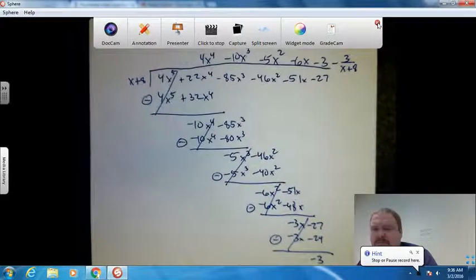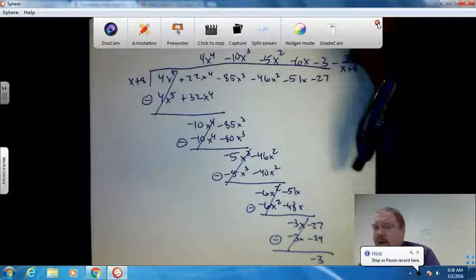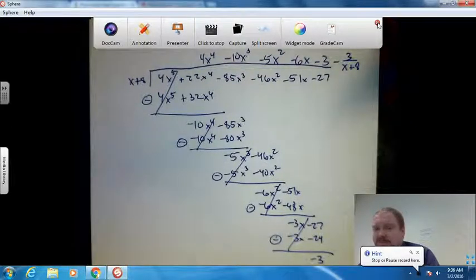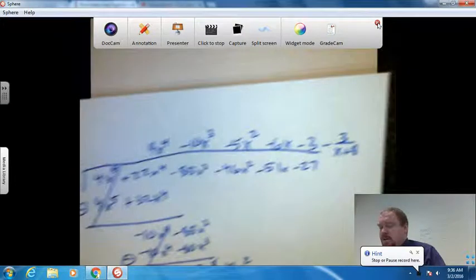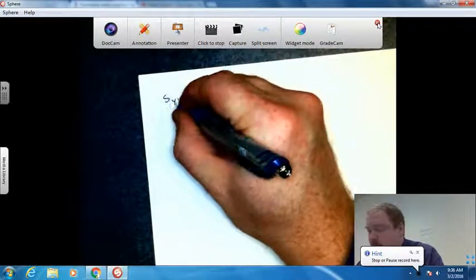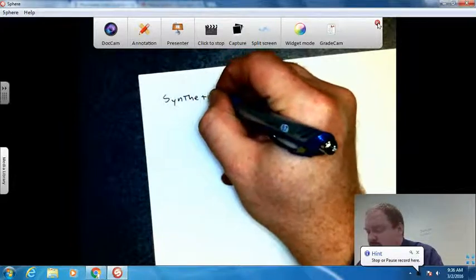Now, that took a long time. There is a faster way that we could do this. Okay, and I wanted to show you both ways just for the sake of time. Now, that other way is called synthetic division. Okay, so the problem is going to stay the same, but now I'm going to use synthetic division to do it.